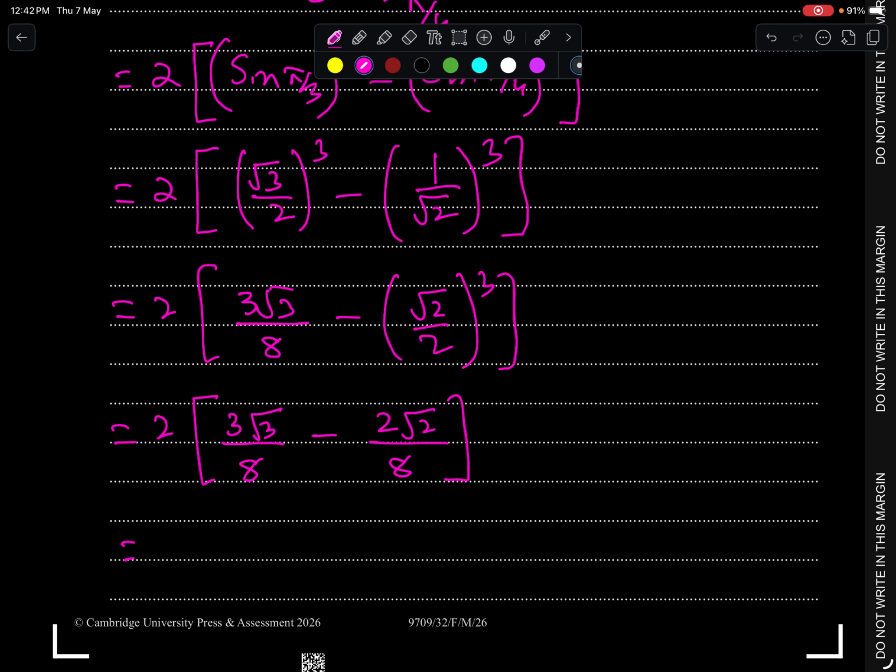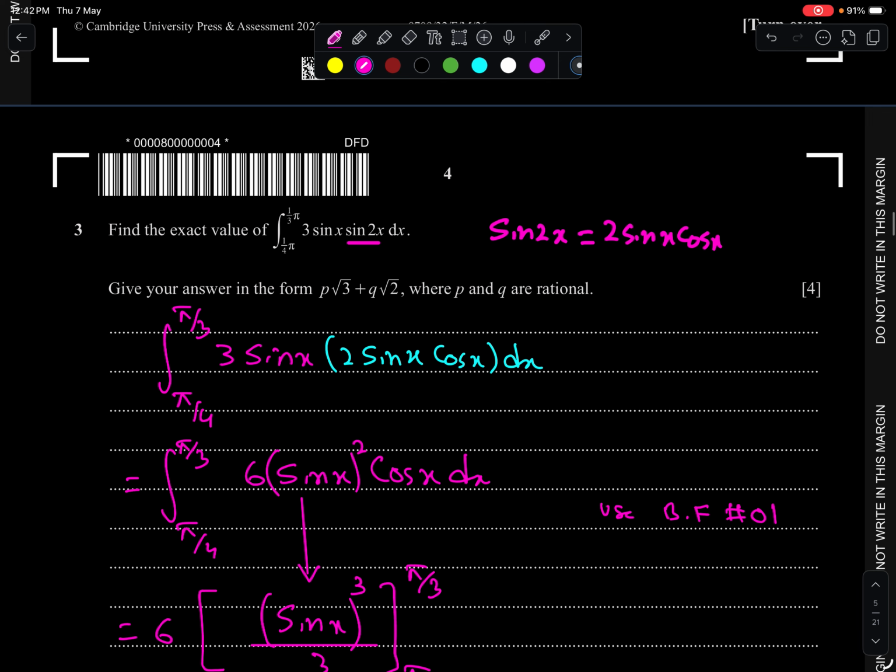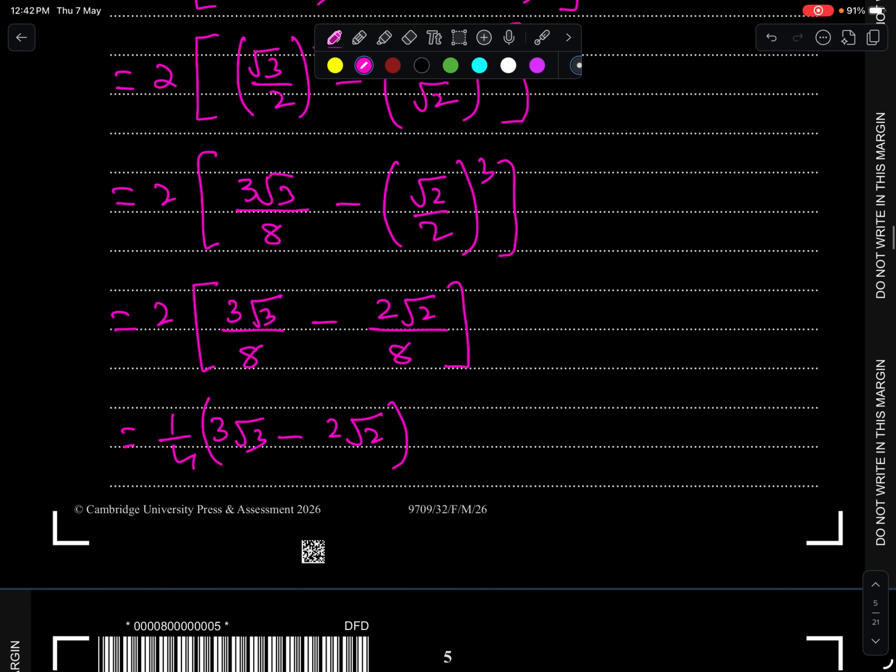Now we can take 8 common, so we have 2 upon 8 which is 1 upon 4, times 3 root 3 minus 2 root 2. We have to give our answer in this form. So 1 upon 4, when we multiply this with the bracket, we will get 3 upon 4 root 3 minus 1 upon 2 root 2.